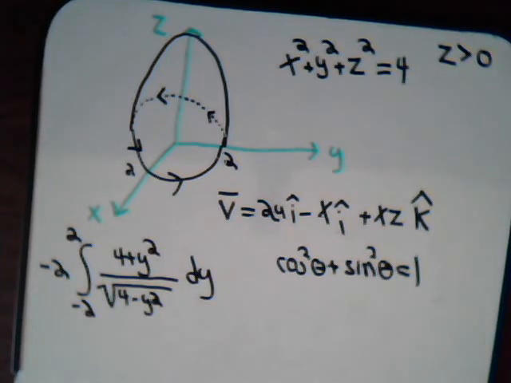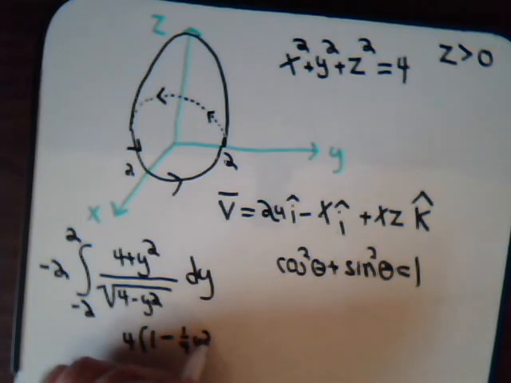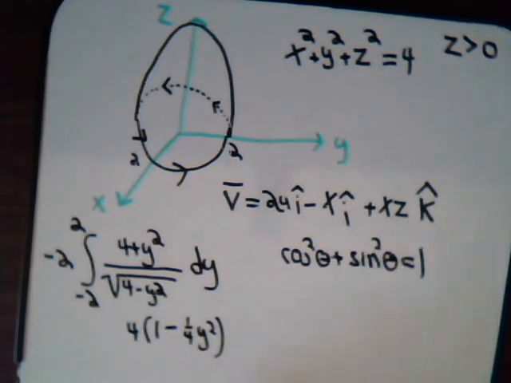So let's factor the 4 out of this. So that will be 4 times 1 minus 1/4 y squared. That's this with the 4 factored out. Then we'll take it to the outside of the square root sign, so we'll have a 2.